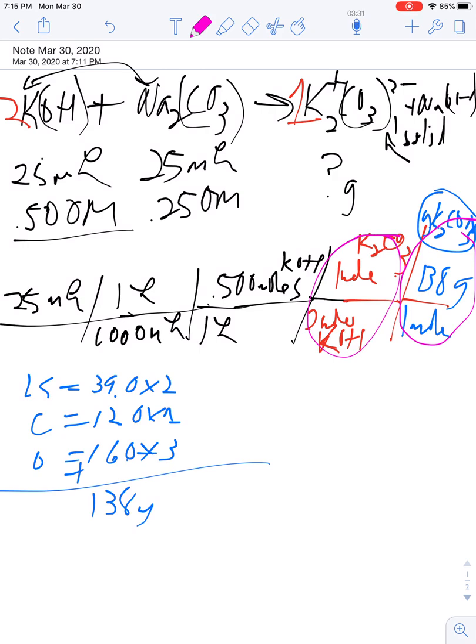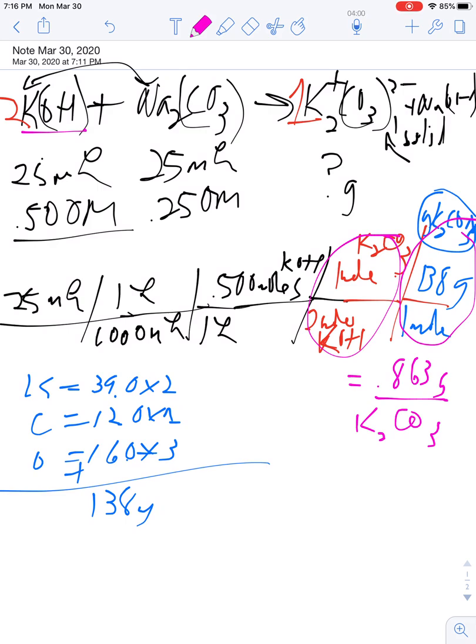So when we do that, and I calculate that out, I get 0.863 grams of potassium carbonate. So based on the potassium hydroxide, I will produce 0.863 grams.